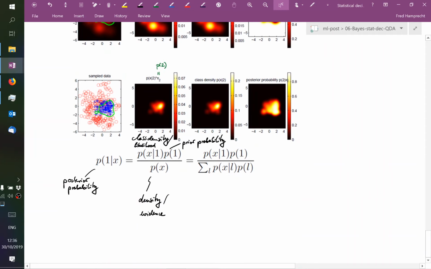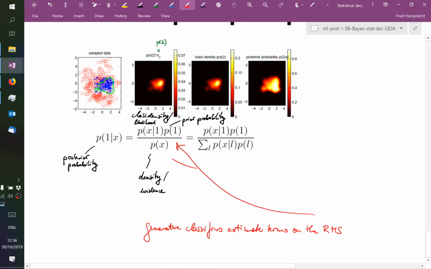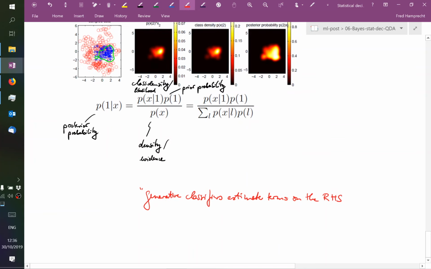Now, let me make another comment. In machine learning, sometimes one makes a distinction between generative and discriminative classifiers. Generative classifiers estimate the terms on the right-hand side: the prior and the class density. These are called generative.